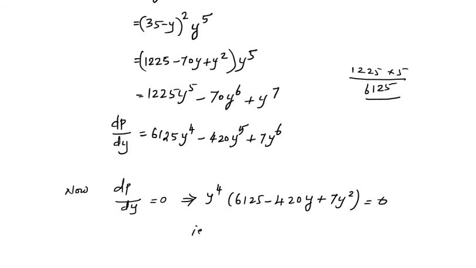If I write in the proper form, y power 4 into (7y square minus 420y plus 6125) equal to 0.